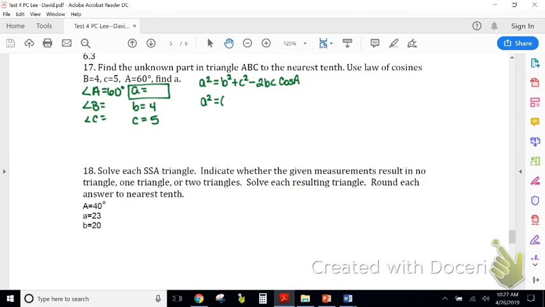A squared is equal to 4 squared plus 5 squared minus 2 times 4 times 5 times cosine of 60 degrees. And then don't forget, we're looking for side A, so you've got to take the square root of all that.